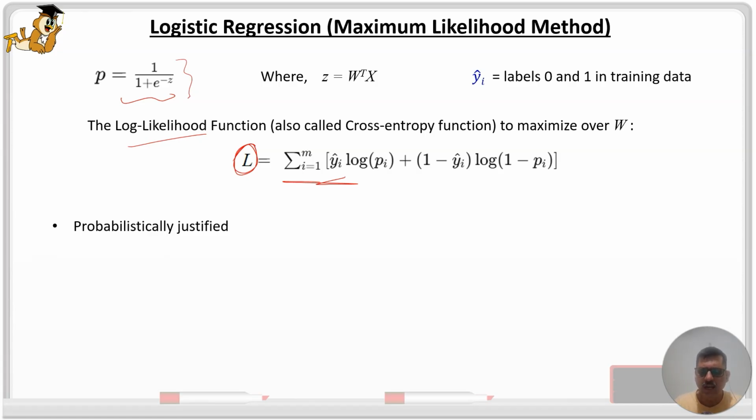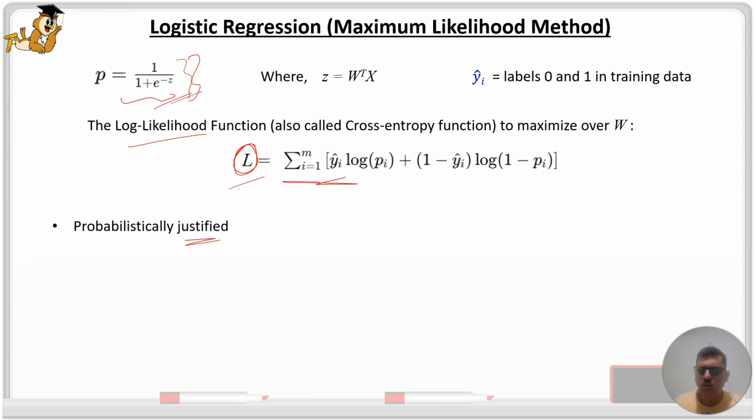Now, the first thing I want to say is that this is probabilistically justified, in the sense that it actually does what we want it to do. So the sigmoid function is indeed a function that maps minus infinity to infinity to 0 to 1. So it fits the bill. It may be one of the candidates, but it's definitely a candidate.